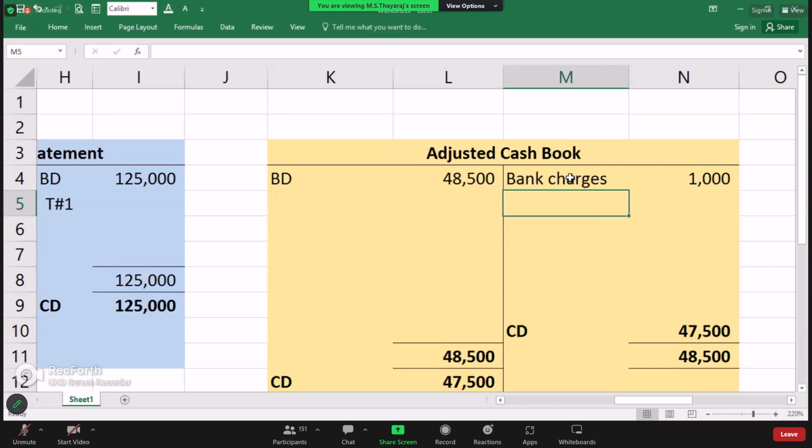And also interest on investment. This one was also considered by the bank. It is favorable to our company account, so it is a debit amount.